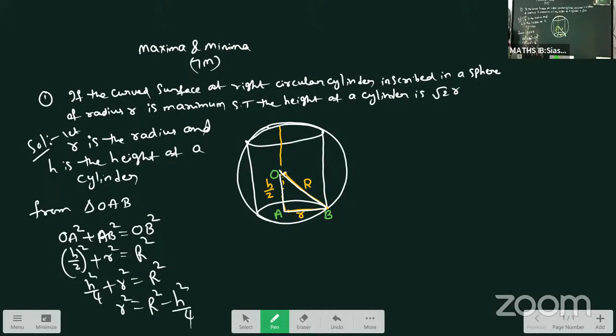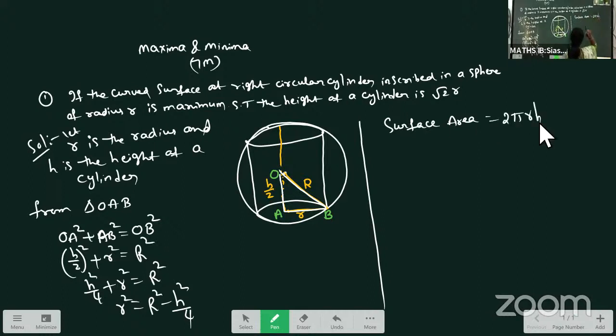Keep it aside. Next, what do you have to do? We want the surface area. The surface area of a cylinder is 2 pi r h.